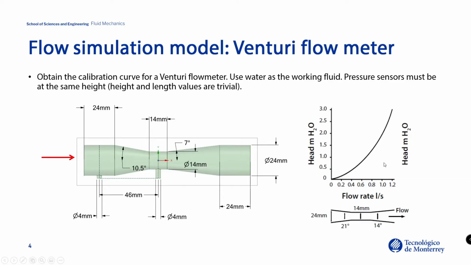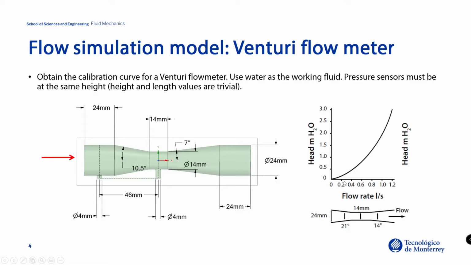I'm going back to this slide to remember what we need to obtain from this simulation. We are given here the calibration curve for this Venturi flowmeter that is provided by the maker. So we need to replicate this curve.